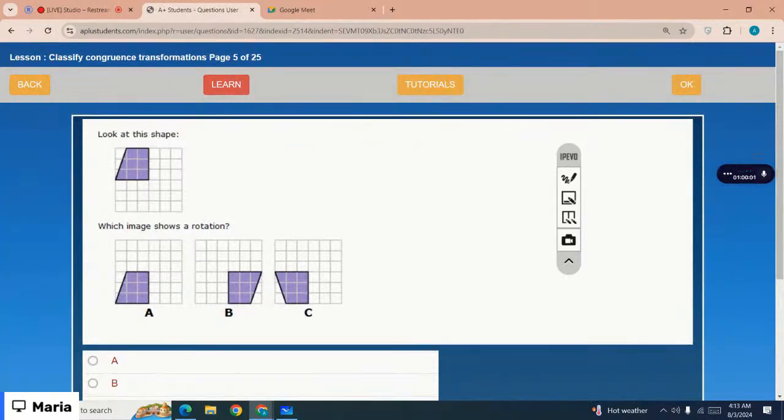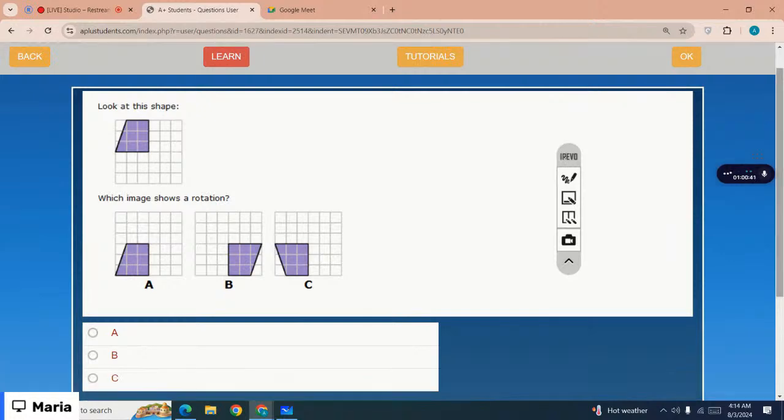So, which is the correct option? A is the rotation. No, B is the rotation. The correct option is B.